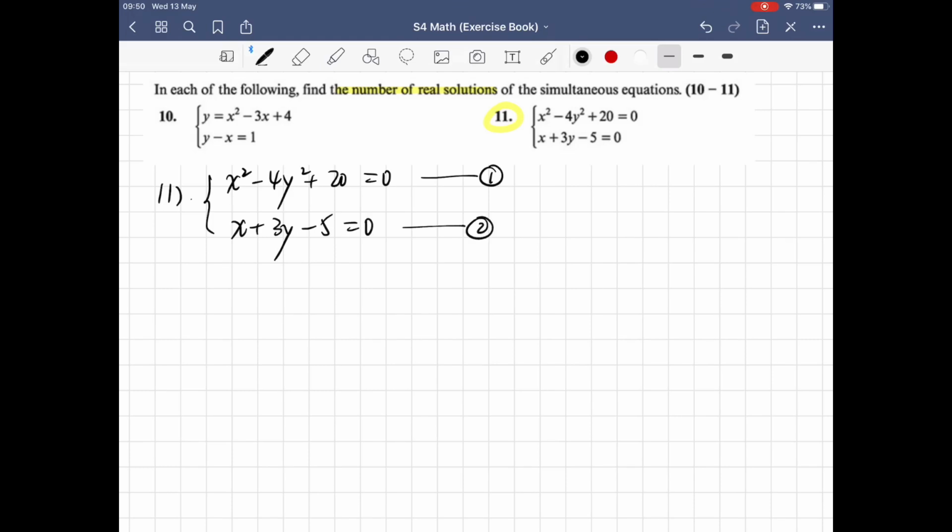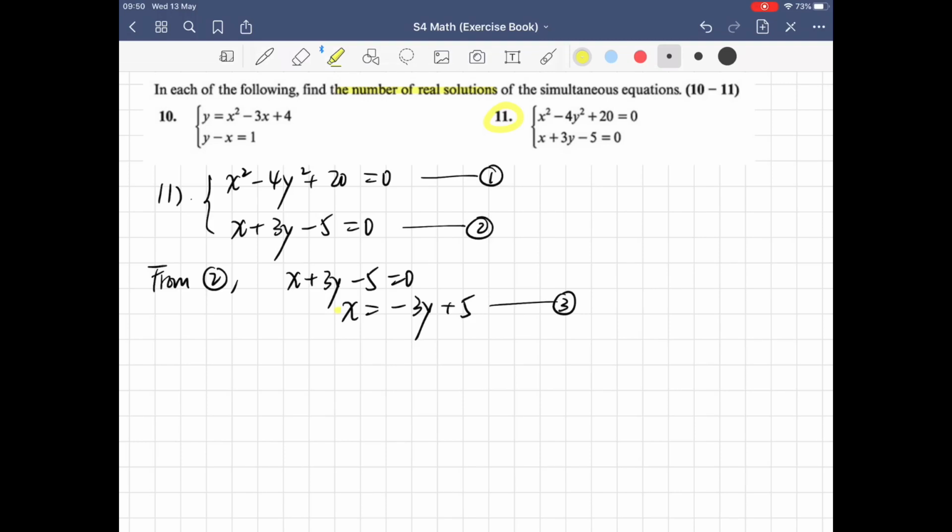We will start with equation 2, and we have to make either x or y the subject. In this case, x is more convenient for us. So x equals negative 3y plus 5, and this is our equation 3.